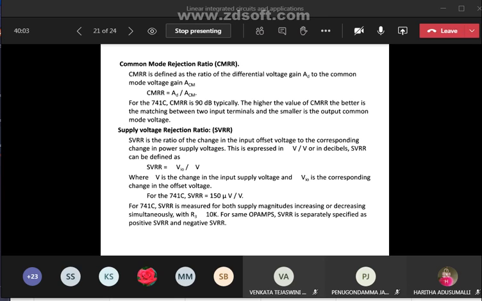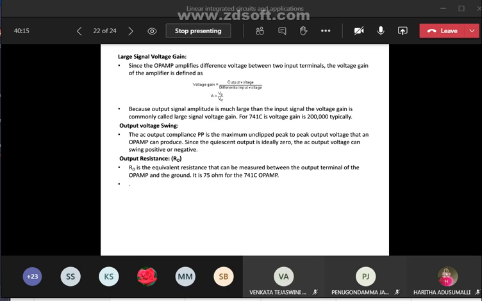For the 741 it is 150 microvolts per volt. So that is about supply voltage rejection ratio.